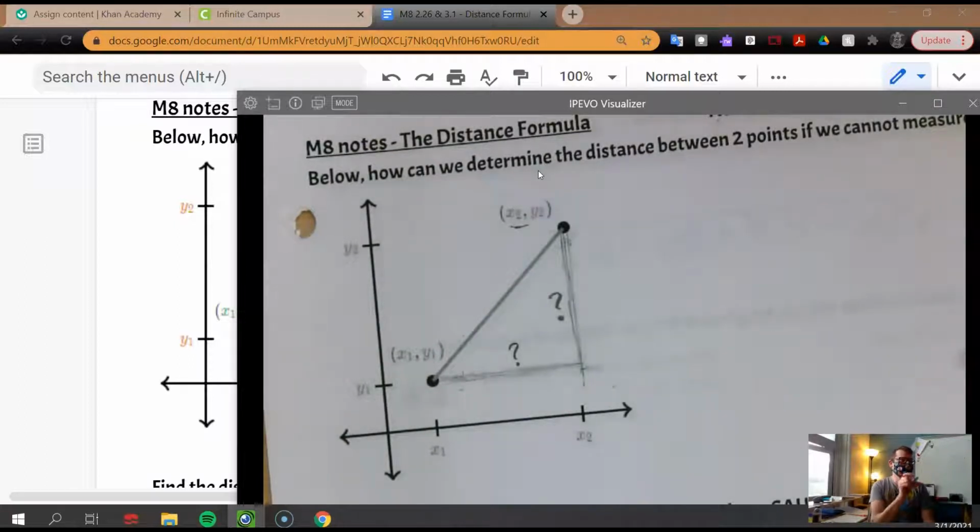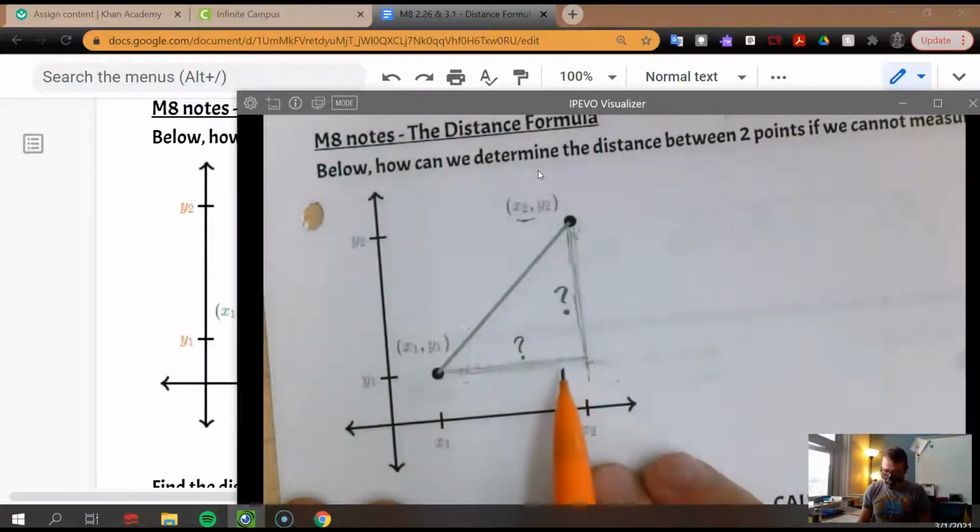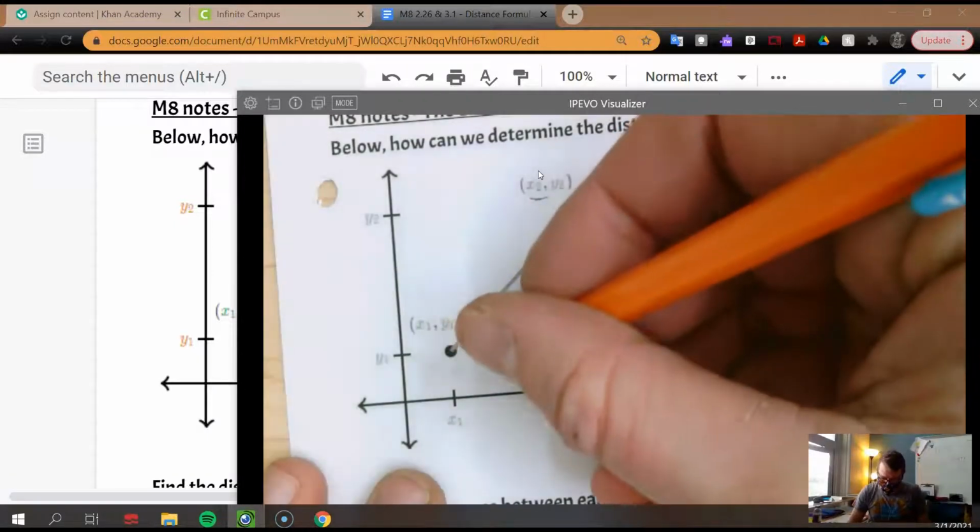Distance is difference. That's distance, and I will admit I was older than you when I finally realized, oh, whoa, distance just means difference. What's the difference between here and there? That's the distance, the difference between here and there. So, to find distance, when we can't measure, we're going to subtract.